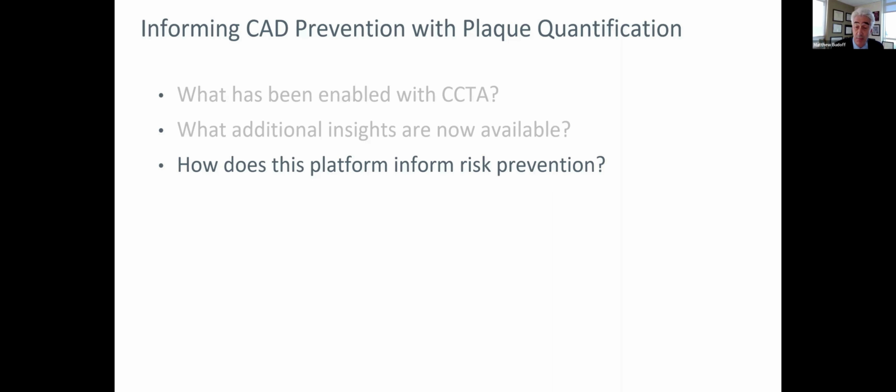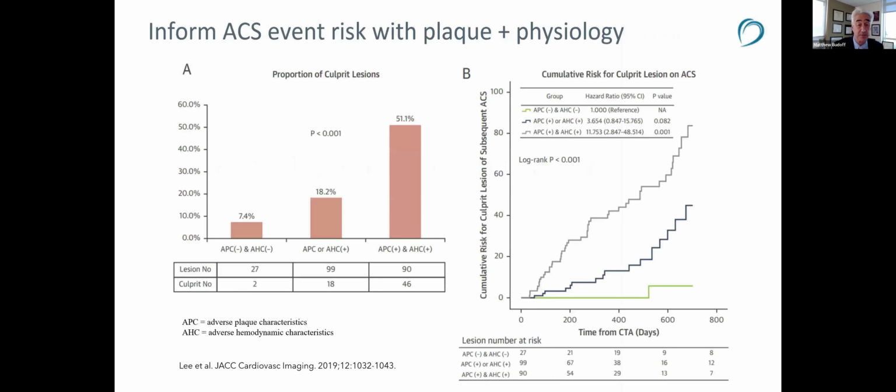So how can we inform risk prediction and get more confidence that what we're seeing, both from a hemodynamic consequences and from plaque characterization consequences, are going to help identify high-risk patients, thus warranting more aggressive medical therapy?